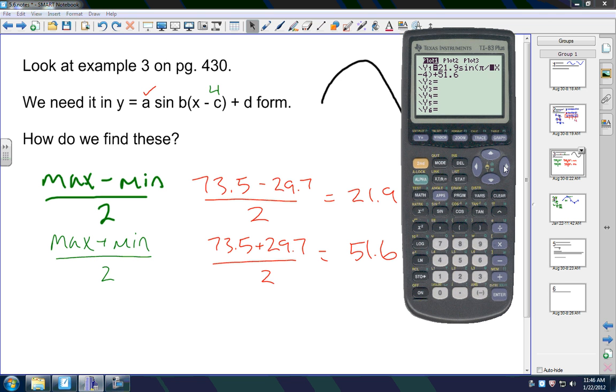So I need to come back in here, and I need to insert another set of parentheses around my x minus 4. So it looks exactly like that. Okay, B, parentheses, x minus 4, close the parentheses, close the original parentheses, then add the D on. Now if I graph it, looks pretty good.